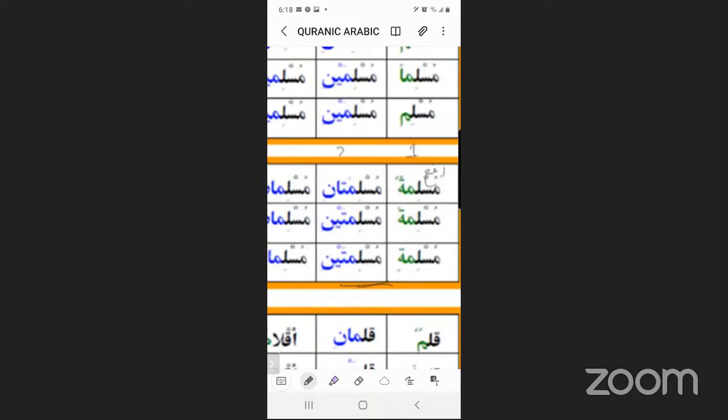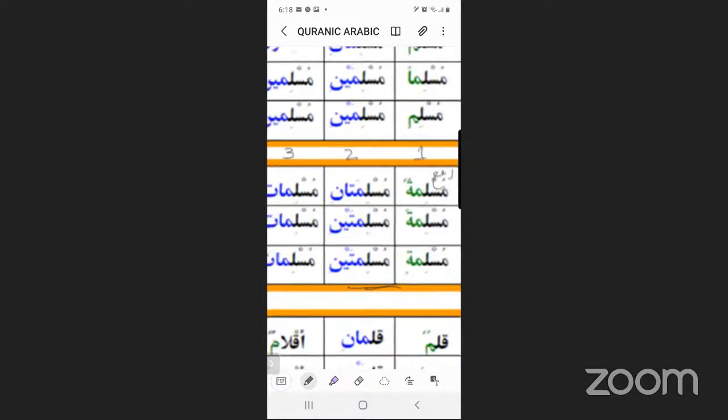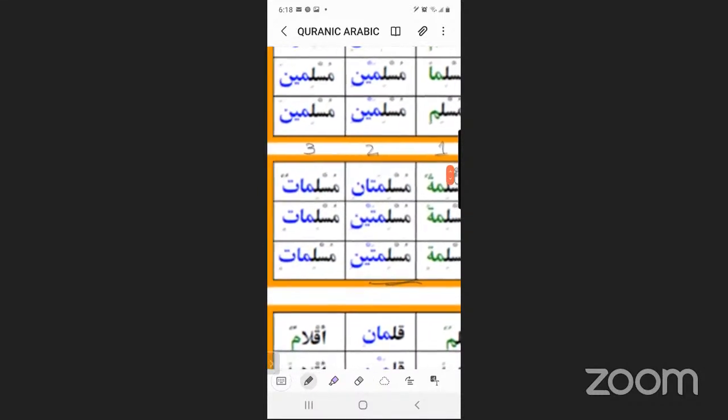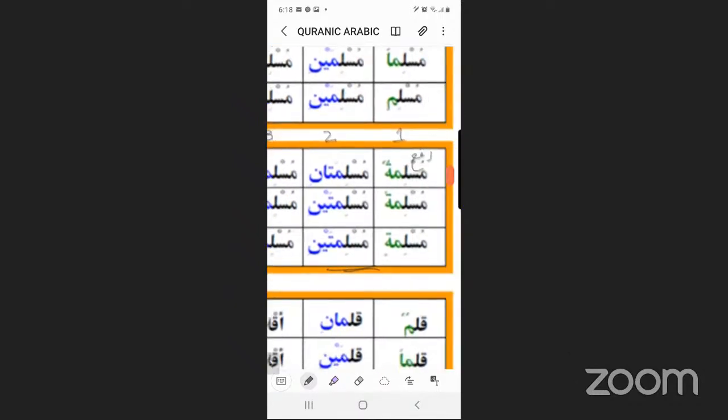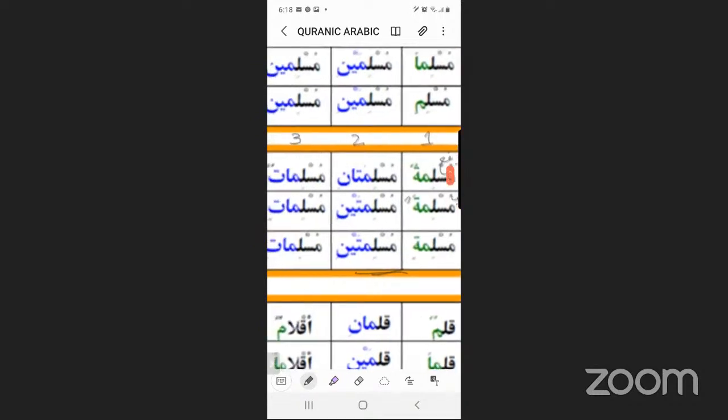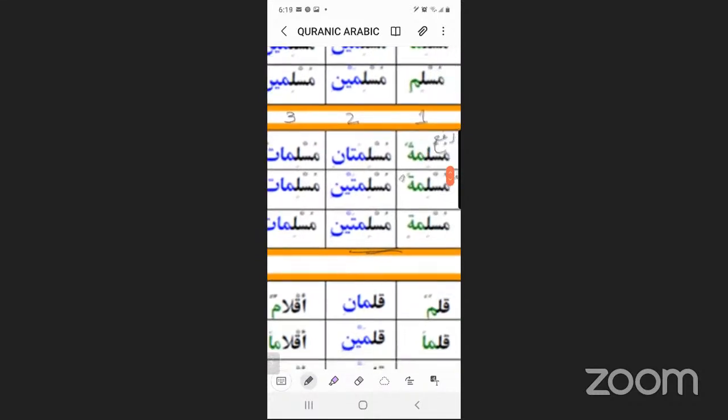If it's two, it's Muslimatani, and if it's three or more, it's Muslimatun. You can see over here. Then the nasab form of Muslimatun is Muslimatan. One, Muslimataini, two, and Muslimatin, three.